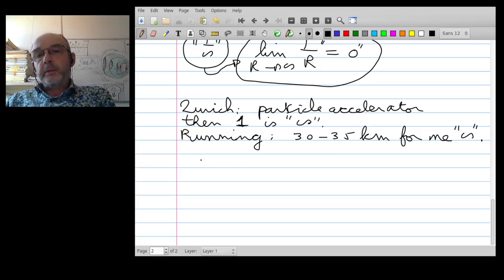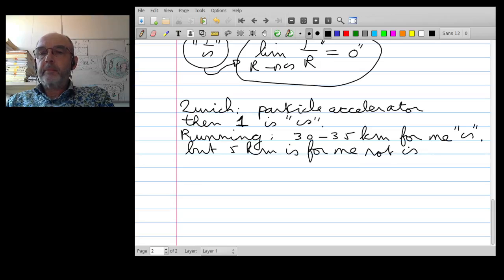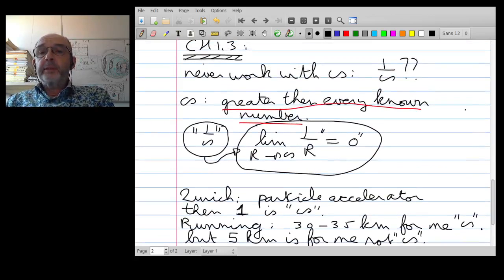But 5 kilometers is for me not infinity. For other runners, 5 kilometers is already infinity. They think, please, I don't want to run more than that, this is enough for me. So you see that you have all kinds of infinities, and for everybody infinity can be something else.